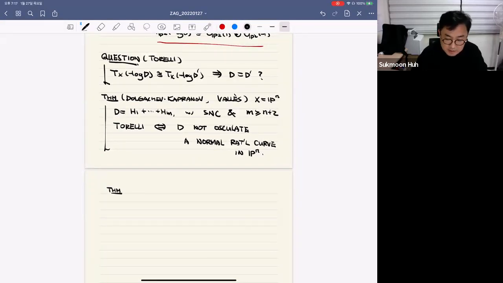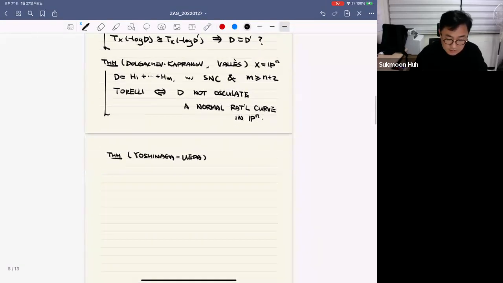important result is by Yoshinaga and Ueda. Here they consider a smooth divisor in Pn again.